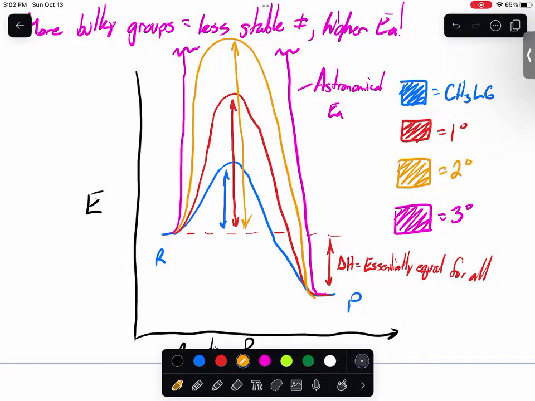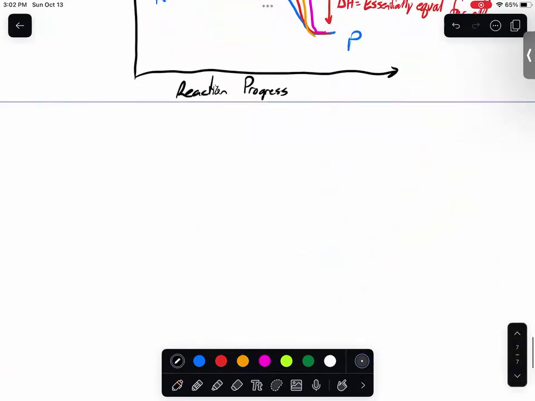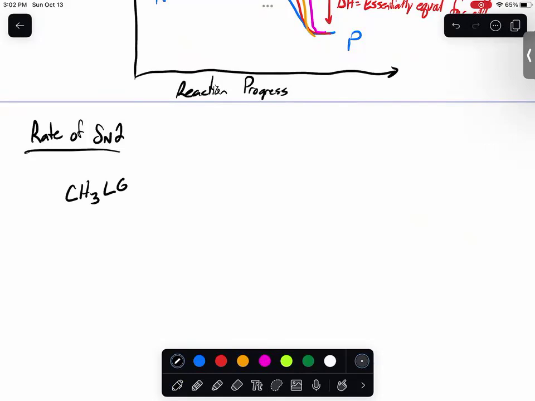And this tells us something about the rate of substitution, right? So the rate of SN2 is fully dependent on this idea, where something like the CH3 with the leaving group is much faster than a primary, which is much faster than a secondary, which, as we saw with that tertiary, is astronomically faster than the tertiary.